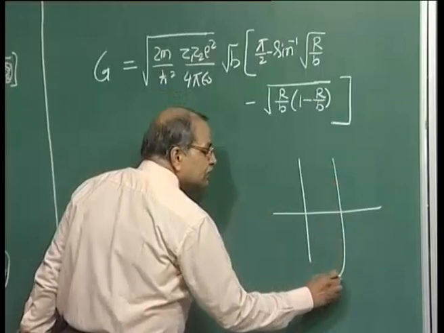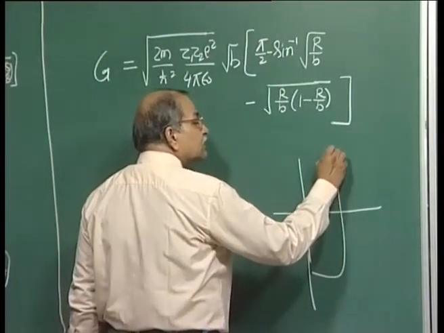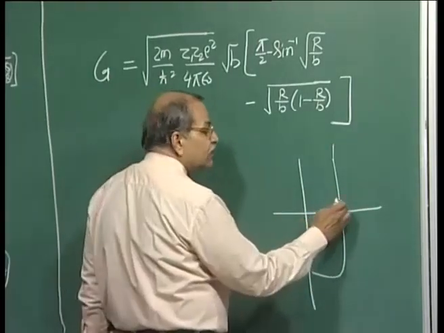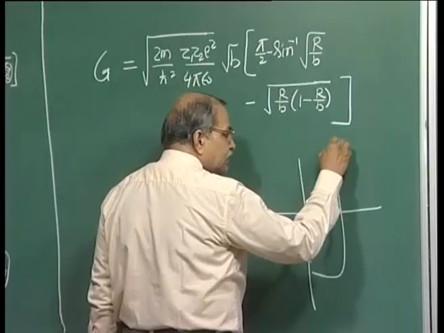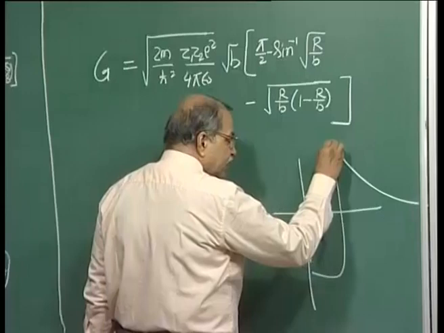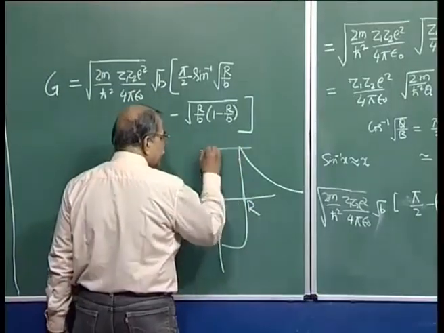So, if this is your nuclear potential well, you assume that before that point it is inside, after that it is outside, and after that the nuclear part is negligible. So, this is R, and this height is B, the Coulomb barrier height.